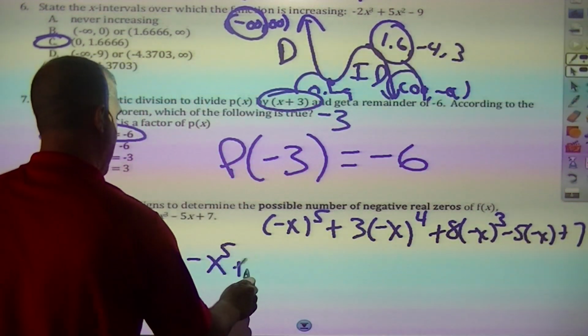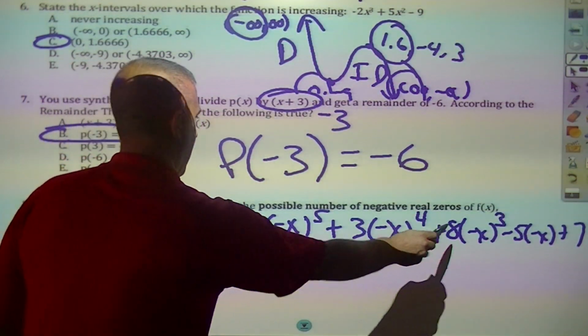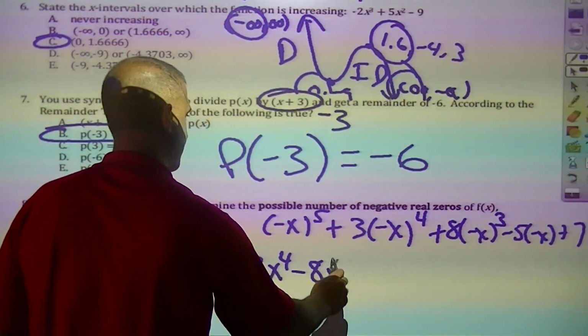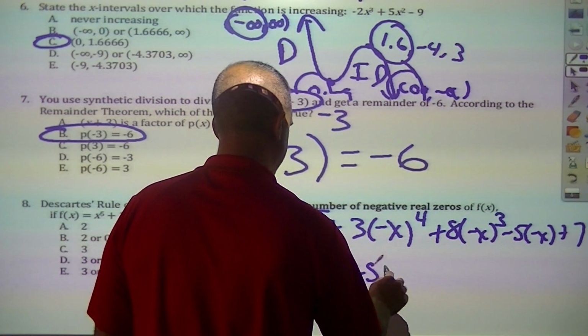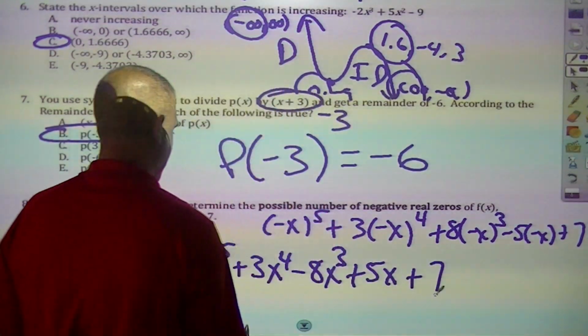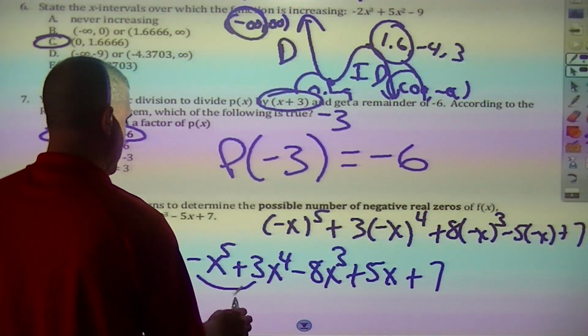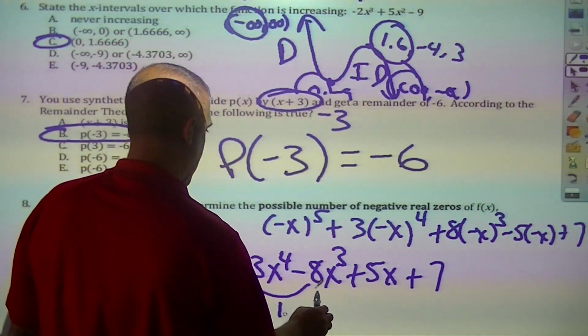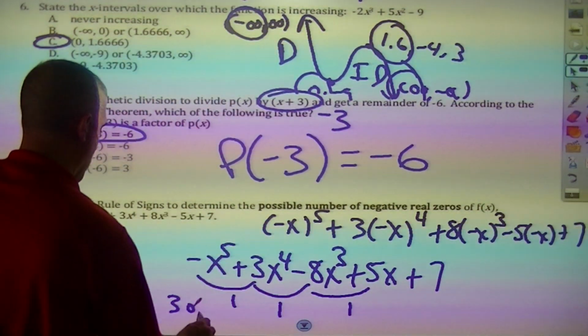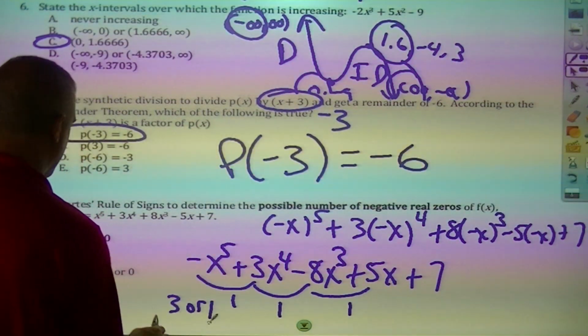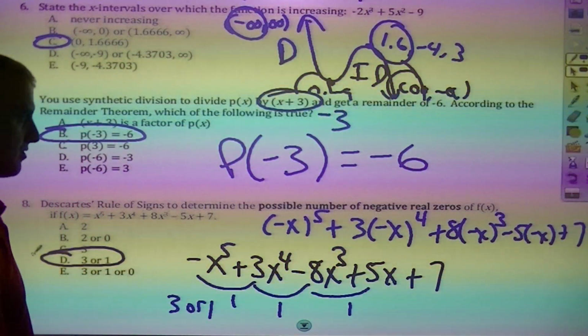Evens keep the sign. Odds change the sign. Another odd changes the sign. And that's just going to be 7. So if I count this up, that's 1 change, that's another change, that's another change. So I got 3, or, if you subtract 2, you get 1. So the answer is right there.